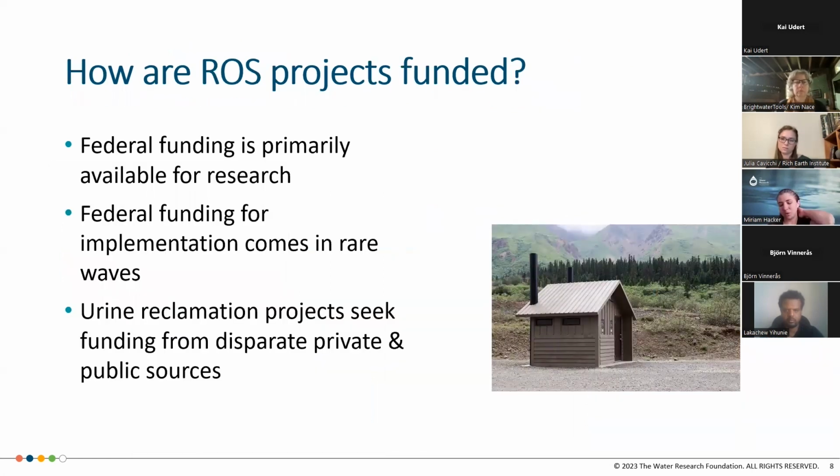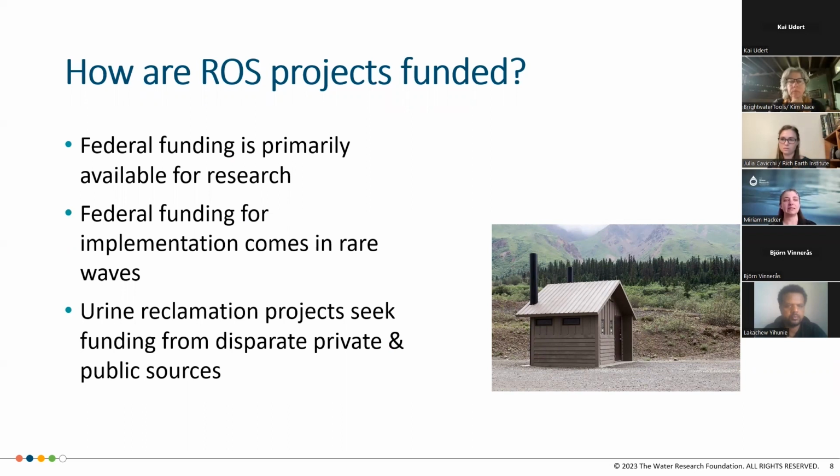Now, one quick note on funding. That is a very critical issue. Federal funding is primarily available for research. What we found is, looking at these systems, there's usually influxes of funding that happen federally for typically decentralized systems, which is where resource-oriented sanitation can apply.